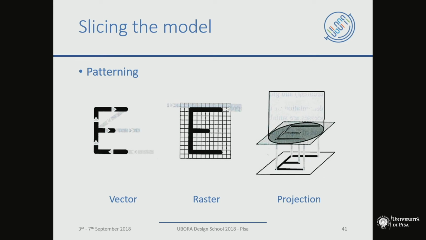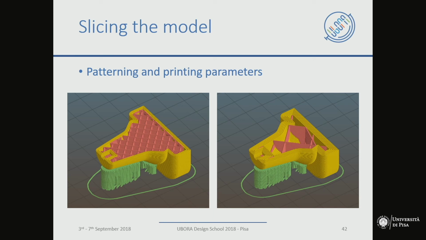You can do a raster process, so you can explore the space and deposit a drop just where you need, or have a raster, a vector path, as in FDM. Remember that you're printing a solid object, so you don't have just the external shape, but also the internal part. So you can design not only the support, but also the internal and external shape, the parameters of printing.